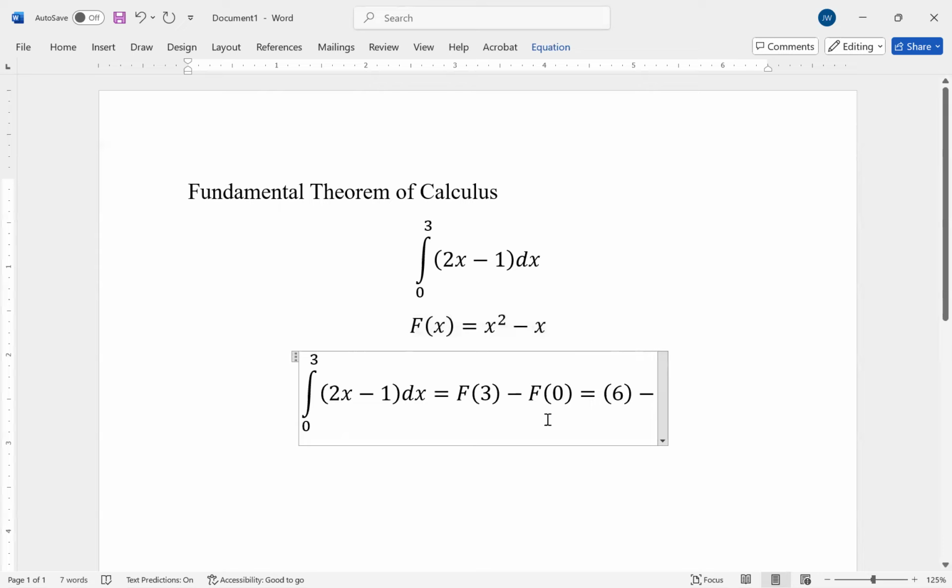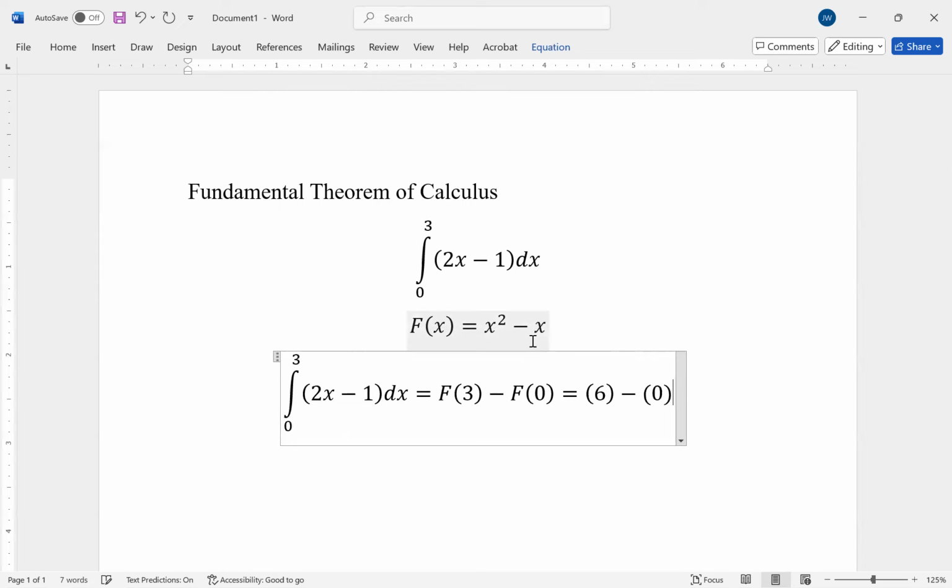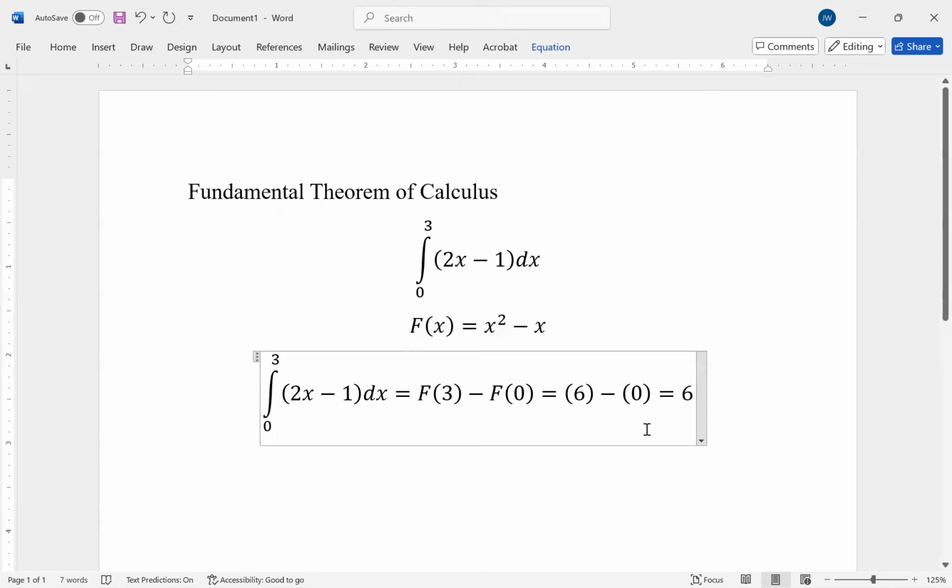When I plug in 0, 0 squared minus 0 gives me 0. So F of 3 is 6. F of 0 is 0. 6 minus 0 is 6. So the definite integral from 0 to 3 of 2x minus 1 with respect to x is 6.